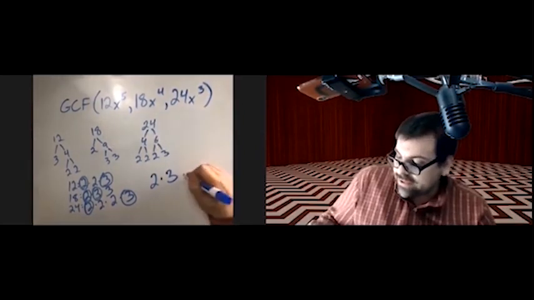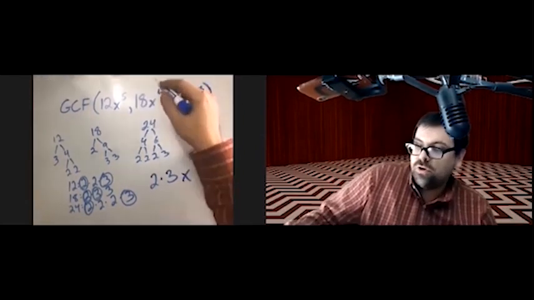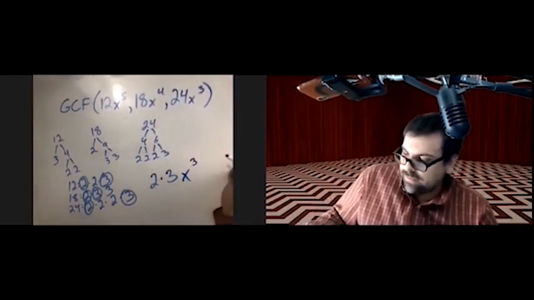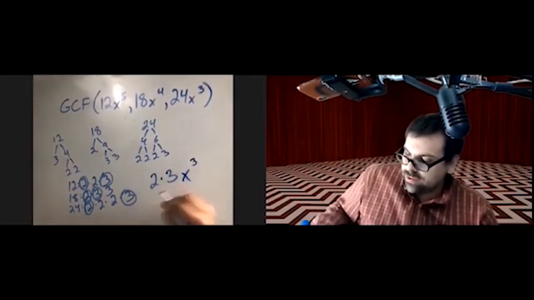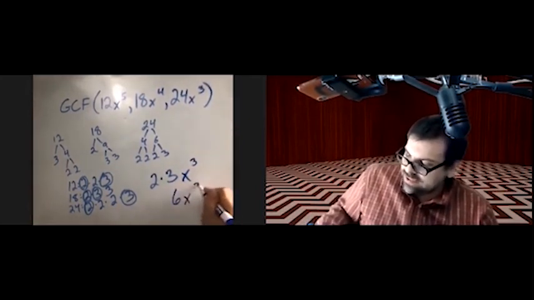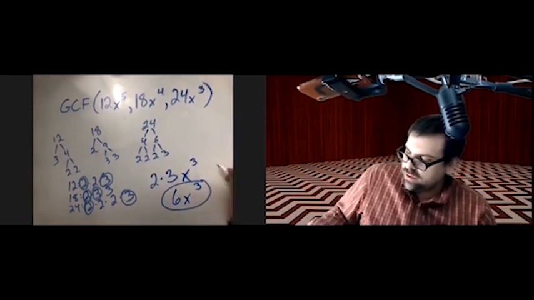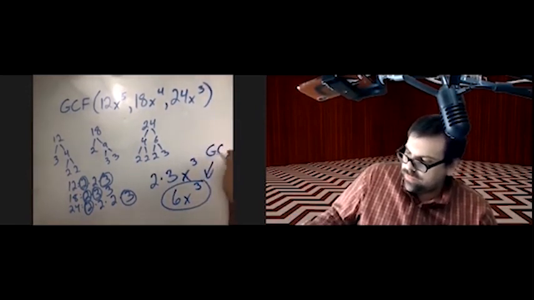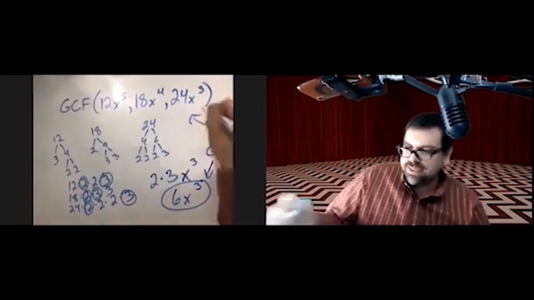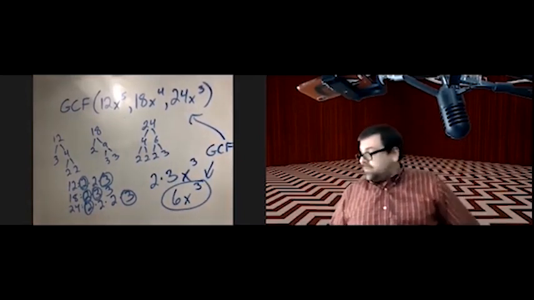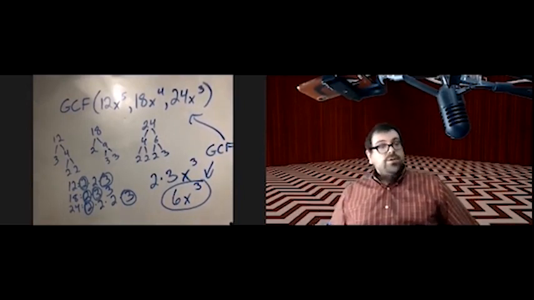They all have x's. The lowest power shown, 5, 4, and 3, is 3. 2 times 3 is 6, so 6x cubed would be the GCF of 12x to the 5th, 18x to the 4th, and 24x cubed.